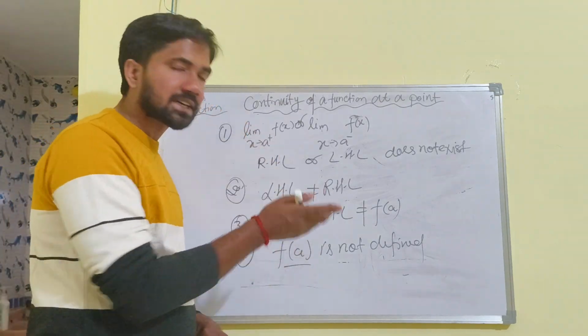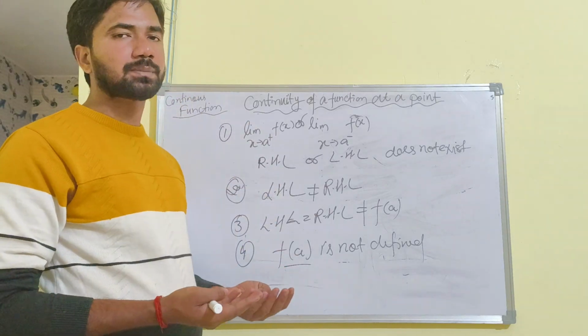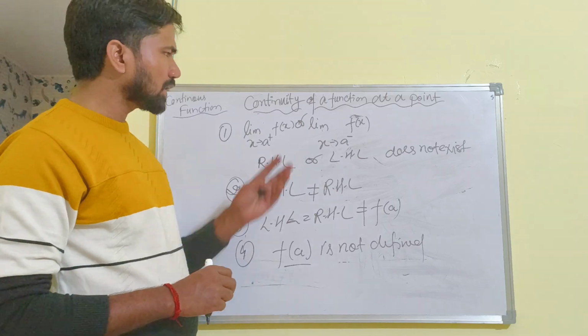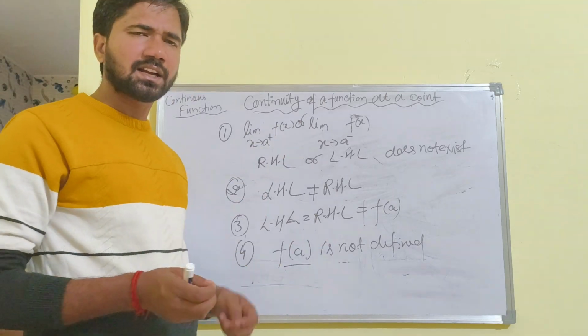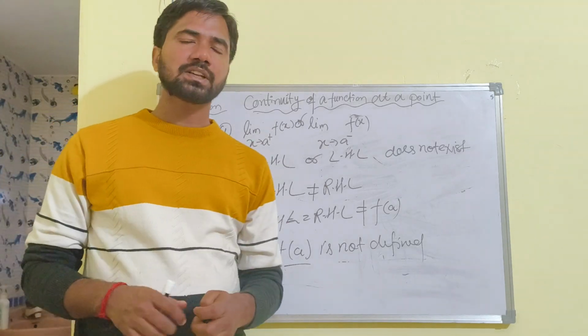So this is the total criteria for when a function can be discontinuous. Let's discuss one by one in detail.